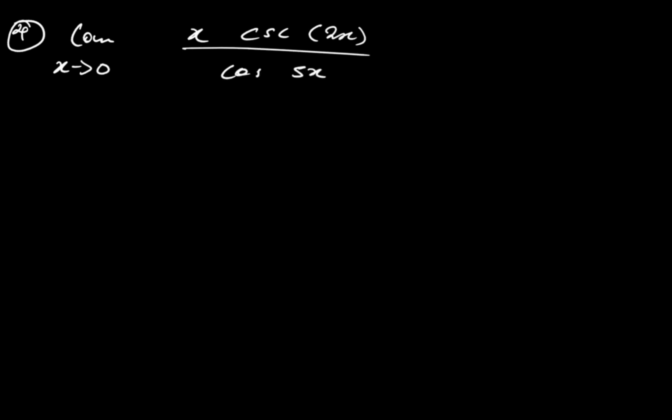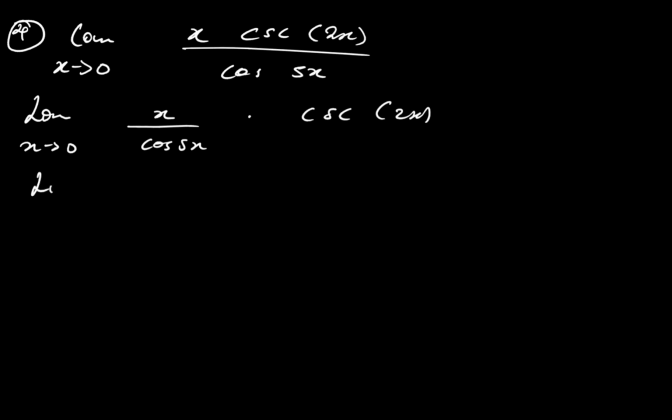Now through manipulation, you can have the limit as x approaches 0 of x over cos of 5x times cosecant of 2x. Now we do understand that this is the same as 1 over sine. So you have the limit as x approaches 0 of x over cos 5x times 1 over sine of 2x.